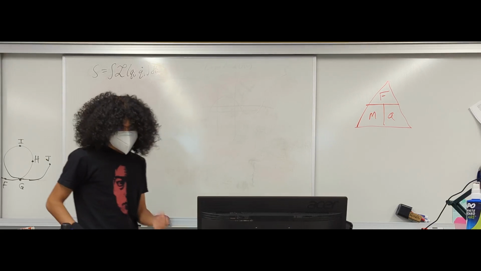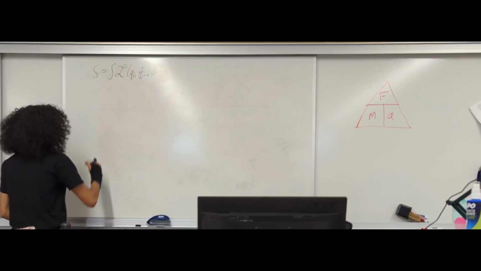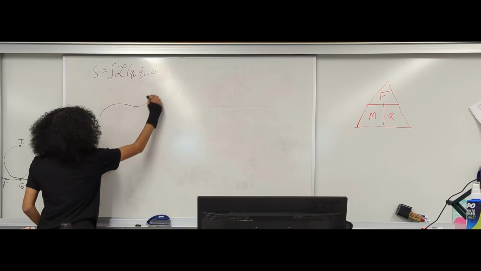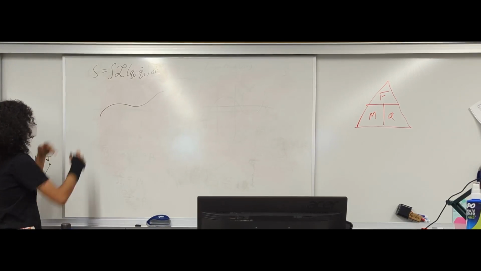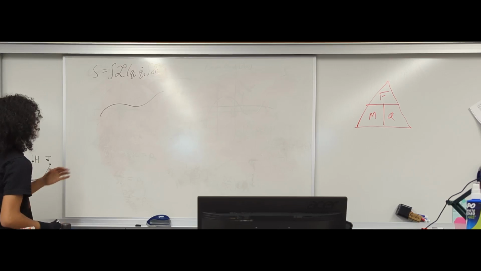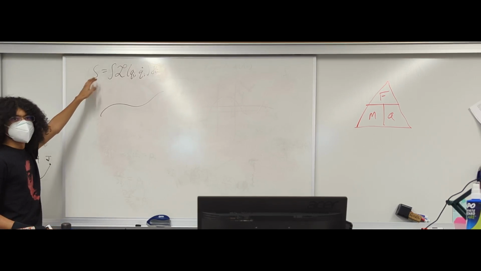And the idea is that if we have some sort of trajectory, and then we perform some transformation of the trajectory everywhere, we want such a transformation that will leave the action invariant.